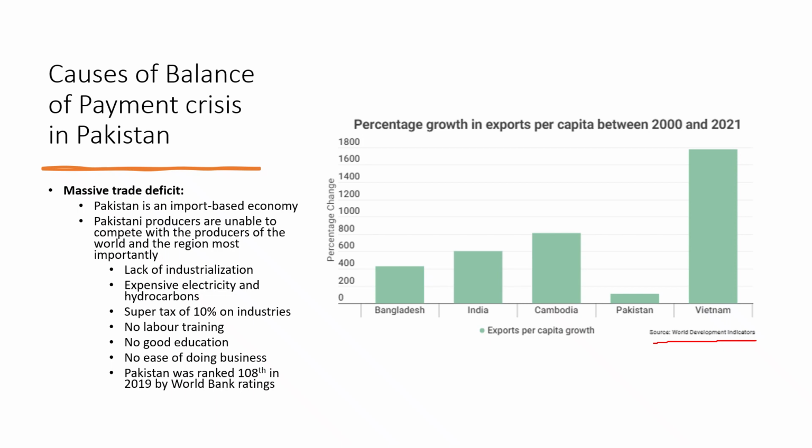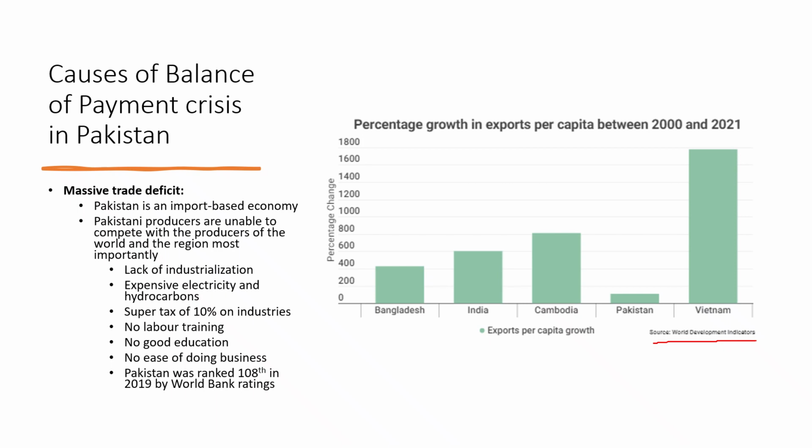And first of all, we can see here Bangladesh. The growth of exports per capita of Bangladesh is more than 200%. Then the growth of India stood at 600%. Then Cambodia, it is 800%. Then Pakistan, it is lesser than 200%. Then Vietnam.